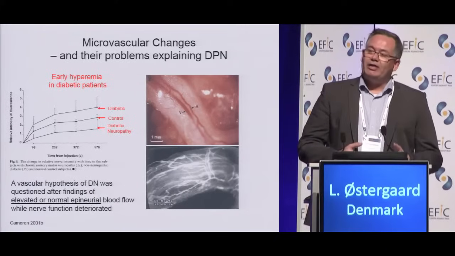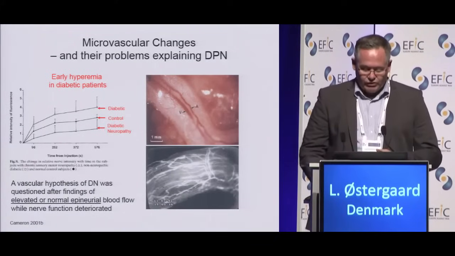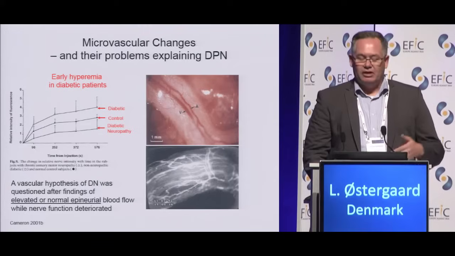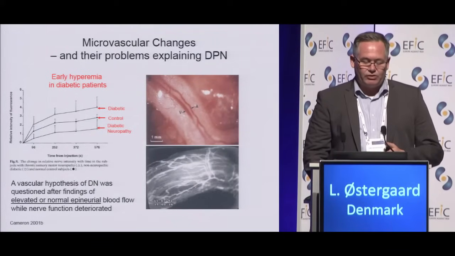This hypothesis ran into a problem, and it's the one you see here, namely that blood flow was measured in early diabetic patients, in controls, and in patients with diabetic neuropathy. And you would expect that diabetic patients who were later going to get diabetic neuropathy would have a reduced blood flow if a vascular problem was at the heart of the pathogenesis.